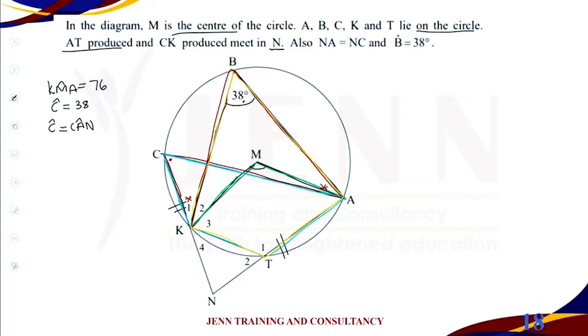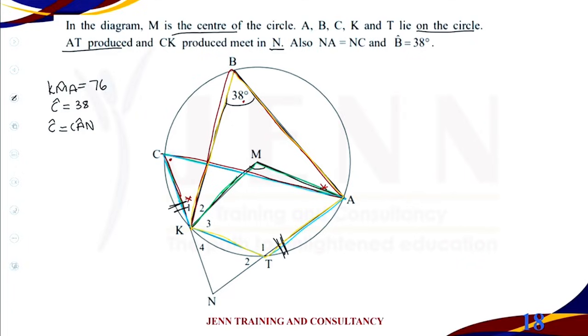Because in your statement, you were told that NC and NA are equal. So the minute you are given NC and NA being equal, you know that the angles opposite those sides are equal. So triangle CAN is your isosceles triangle.